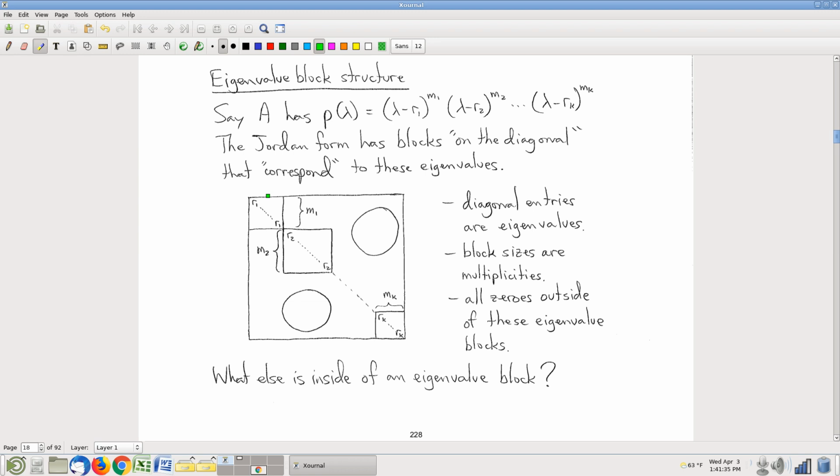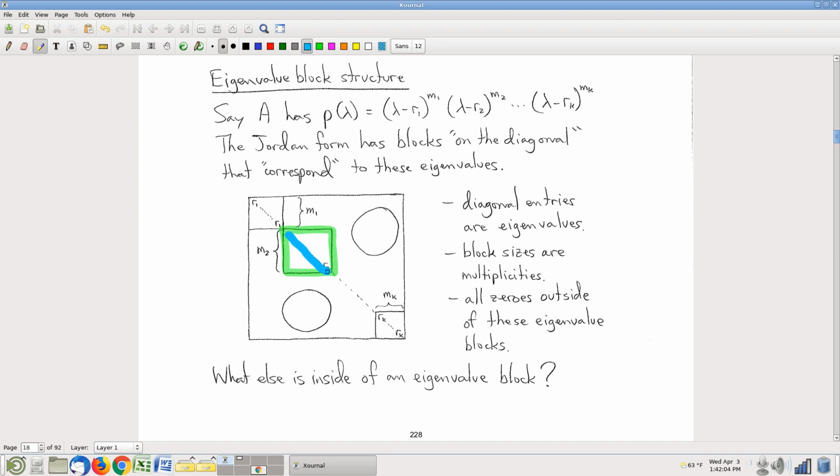So there are these blocks on the diagonal in the sense that their appropriate corners are exactly on the diagonal. There are these blocks that I like to call eigenvalue blocks, and they are closely related to the eigenvalues. Specifically, let me just pick one. Let's look at this eigenvalue block.